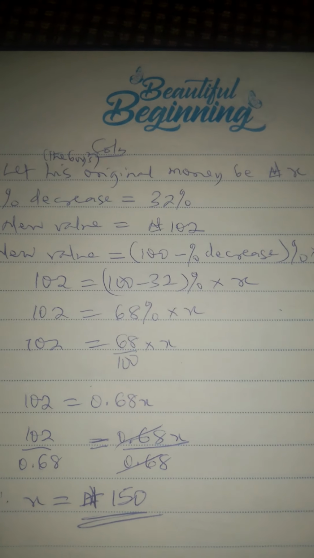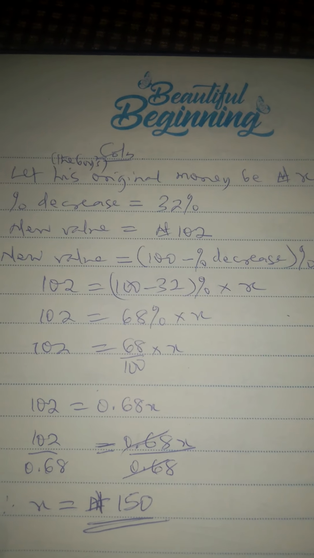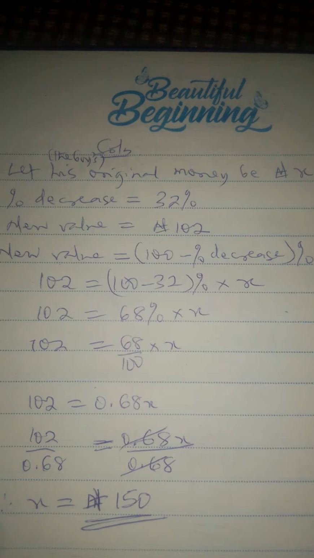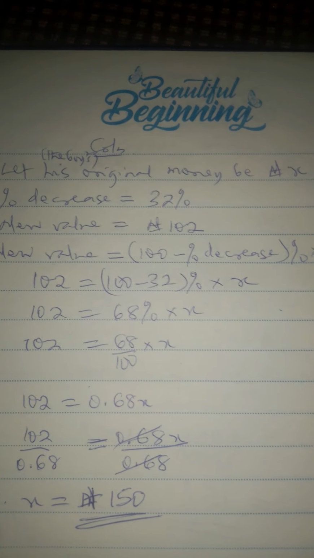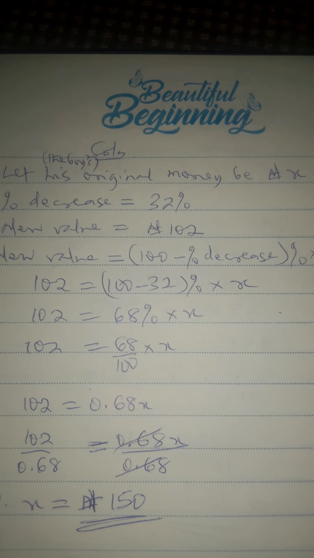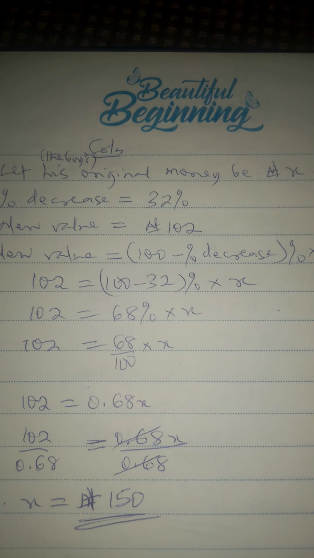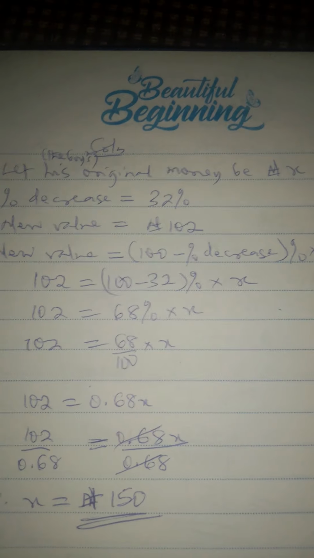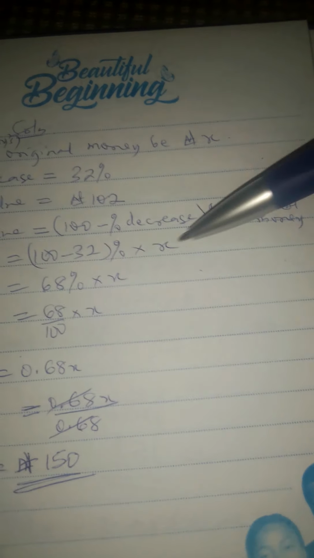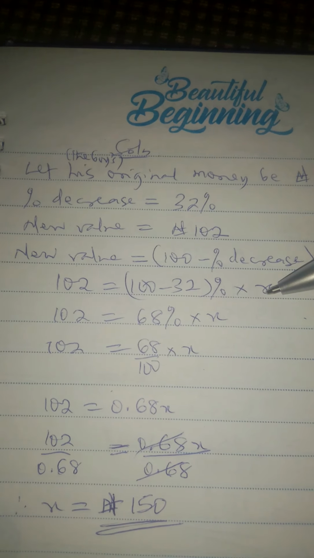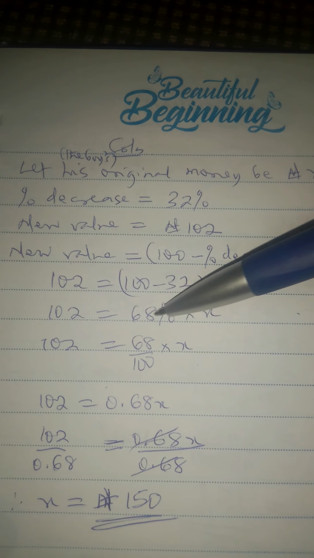And when you make your substitution, the new value is 102, percentage decrease is 32, you are subtracting here, percent times the original money, we called it X. So you replace your original money with X. Then when you subtract it gives you 68%.